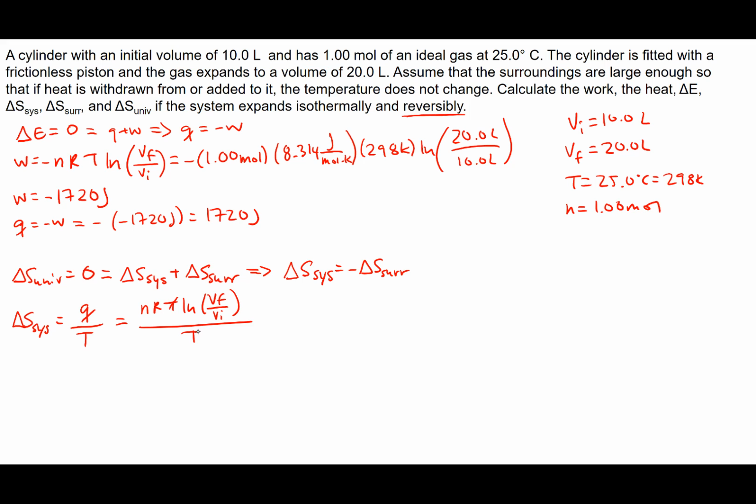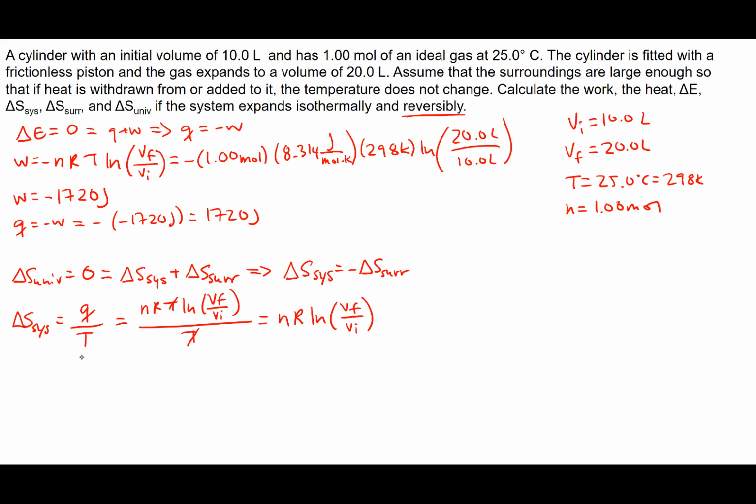The temperatures cancel out, so another way to approach this is simply nR natural log of Vf over Vi. But because we already calculated Q, we don't have to go through that whole process. Only in a situation where Q still has to be calculated would you want to go through that.